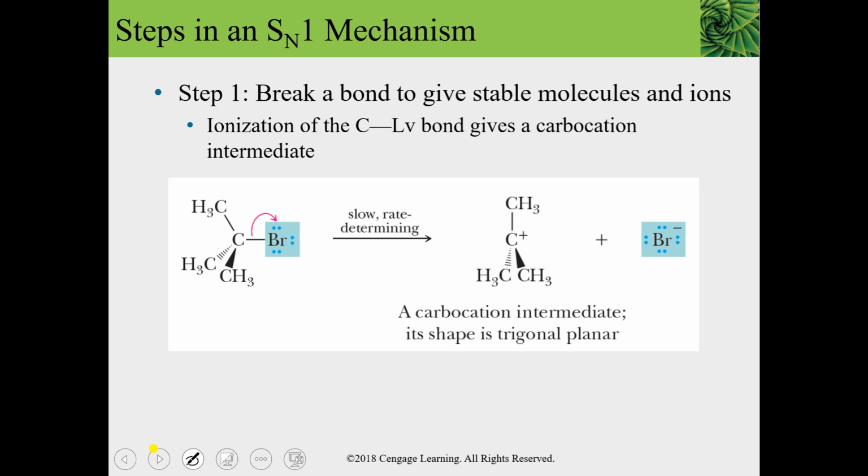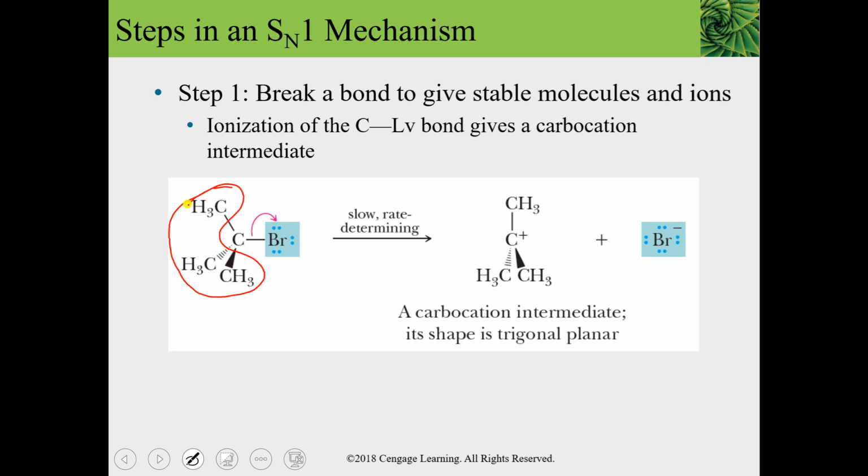Note, by the way, the attachments to the electrophile are these really big methyl groups. Because of their size, it's really hard for a nucleophile to come in and attack that electrophile simultaneously. So once the bromine is gone, that's when the carbon can become more open to attack.